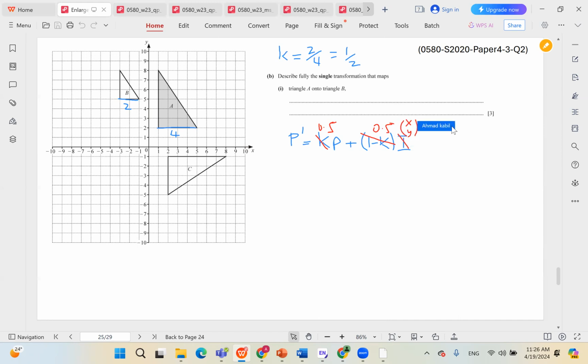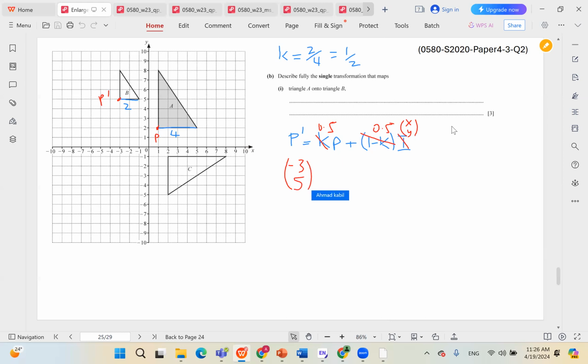Let's get P and P dash from the drawing. The right angle here is P, so let's just use that. And the right angle here will be P dash. So P dash has coordinates -3 and 5. Excuse me, mistake here, it is -3 and 5, not -4 and 5.